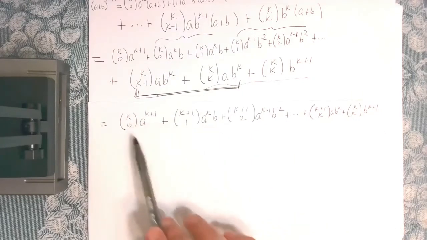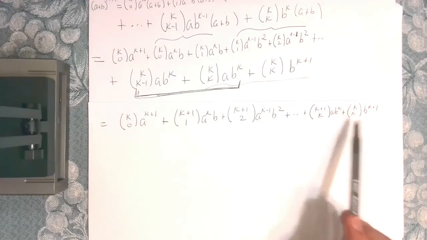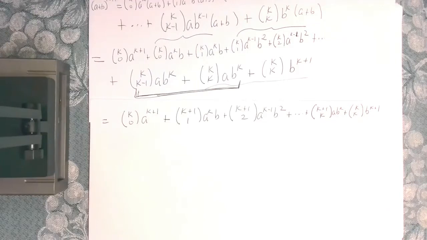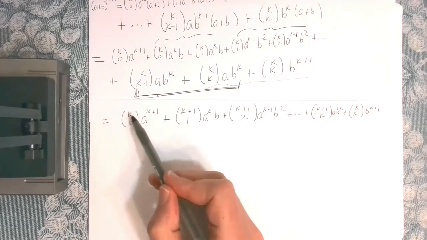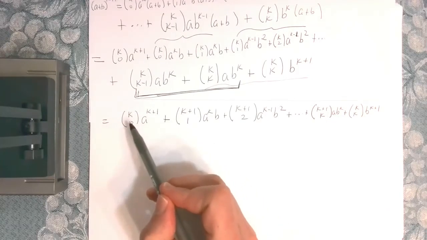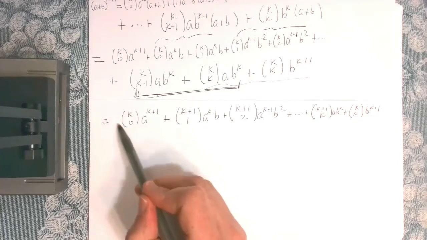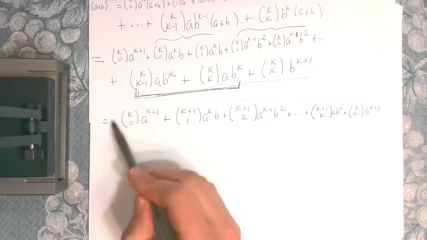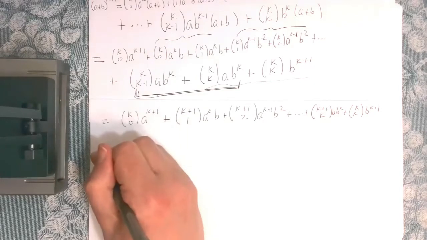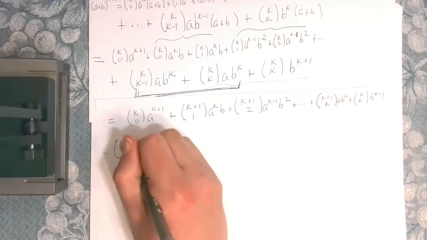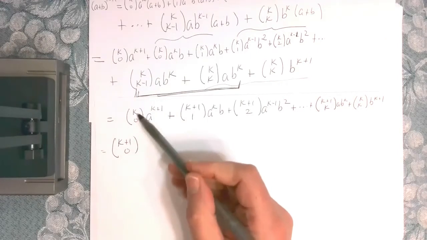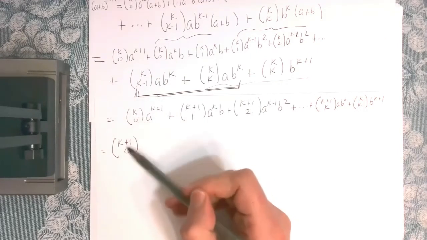Mostly. But this seems problematic, and so does this. But with a little care and thought, it's actually not. Because we said earlier that anything choose 0 is 1. So it doesn't matter how I represent this. It could be k choose 0, 7 choose 0, 100 choose 0. Those are all the same number. They're all 1. So I can call this k plus 1 choose 0 because it's equal to 1. So it's the same number. You're just writing it differently.